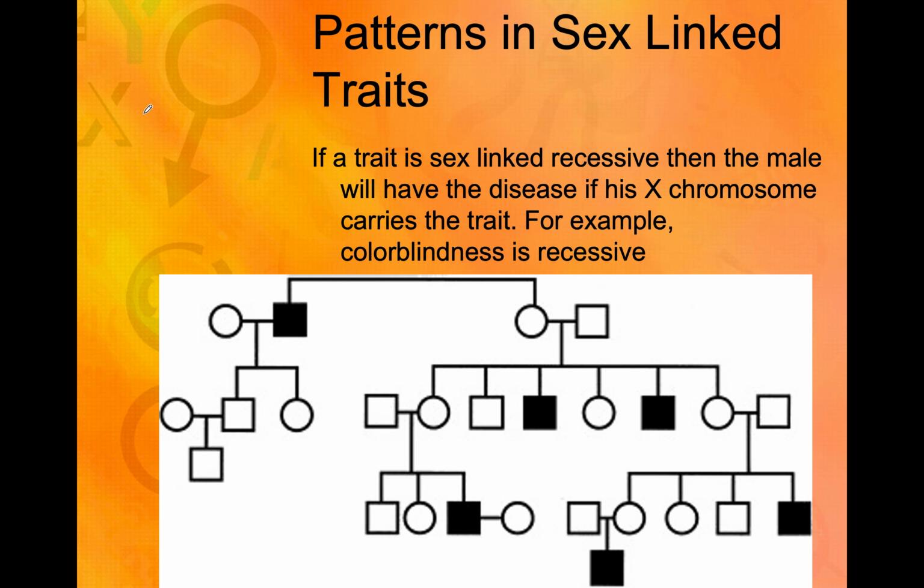Basically we have a couple of options for males, right? You can have an X, and then we had capital N and Y for a normal male. And then you have a colorblind male, and that's X lowercase n with a Y, right?